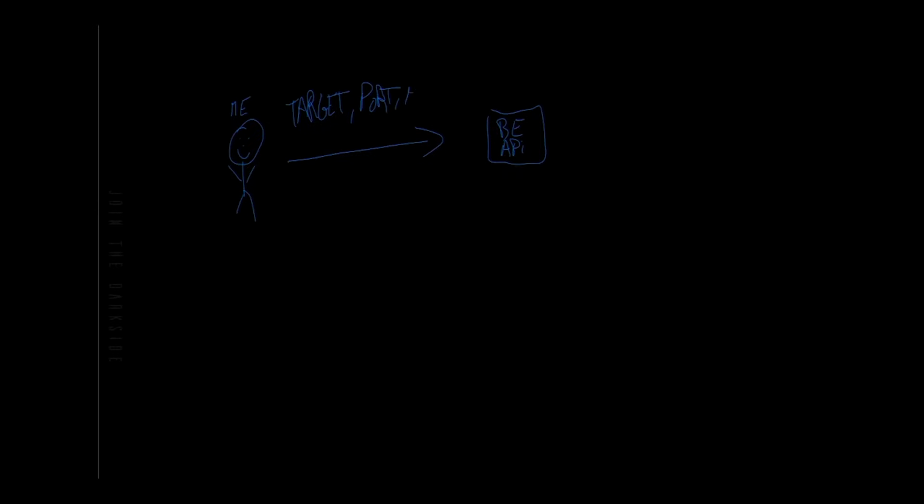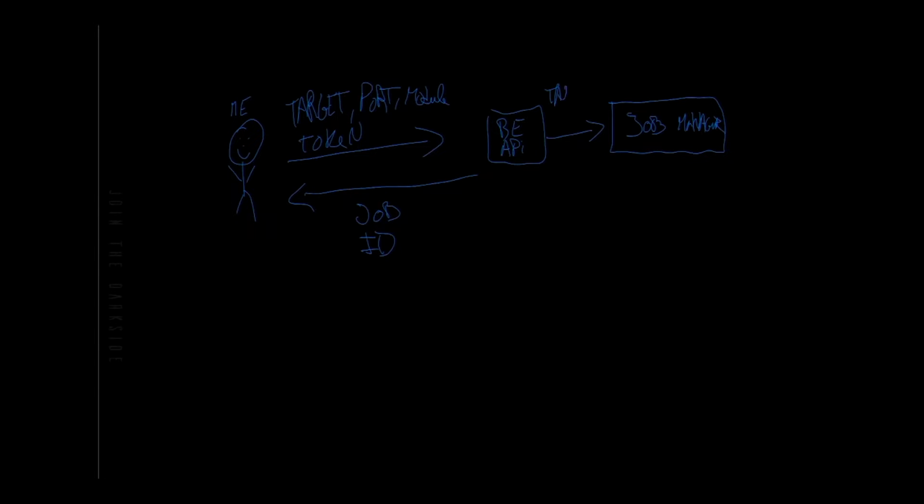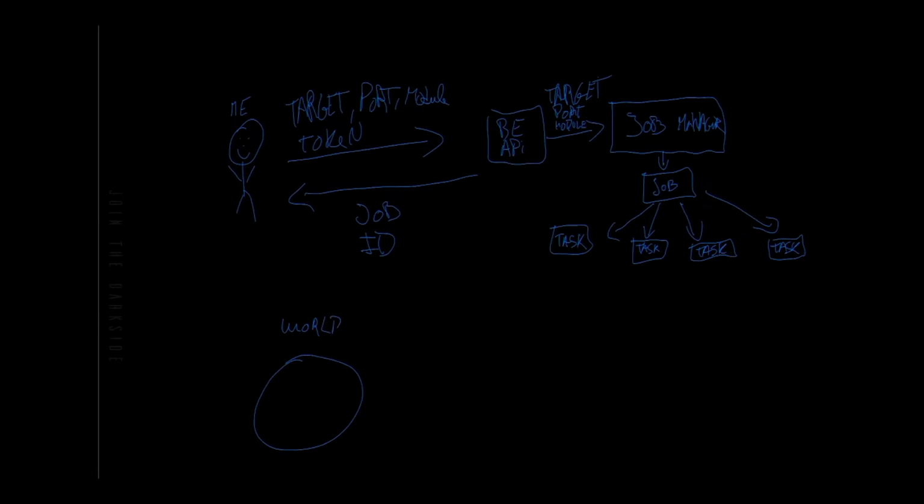The BinaryEdge API receives that, confirms that it is indeed an authenticated user, generates a random job ID, which you saw in the video, and sends the target to a secondary component still inside the job manager that splits however many targets exist into small batches, small tasks. It looks at how many minions, and minions are essentially the scanning agents that we have that are associated with the user, and starts distributing all of these mini tasks across all of those minions.